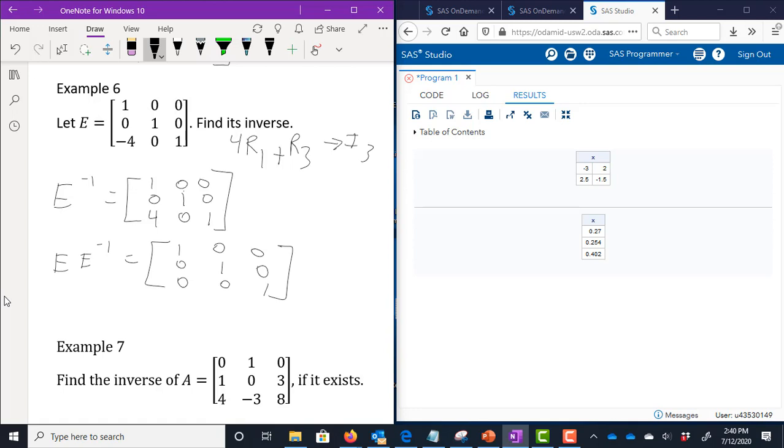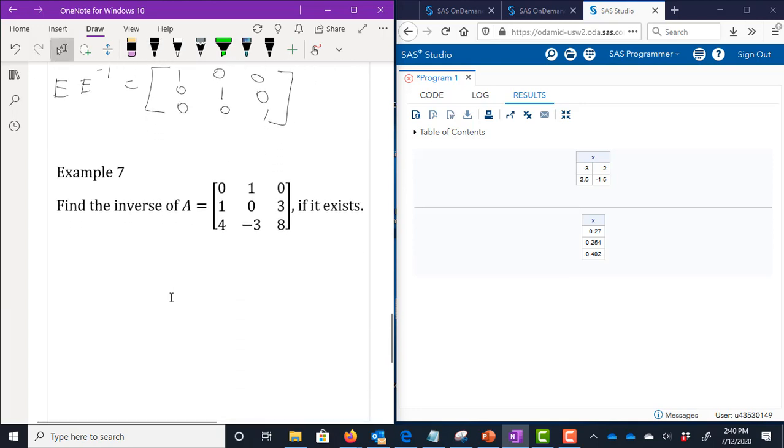For the very last example here, we want to find the inverse of A being 0, 1, 0, 1, 0, 3, and then 4, negative 3, and then 8. If we were to go through the whole process of finding this, we would need to solve this, which would take the matrix A and the augmented matrix here of A with the inverse. So we would be actually solving this. And I'll write what it is.